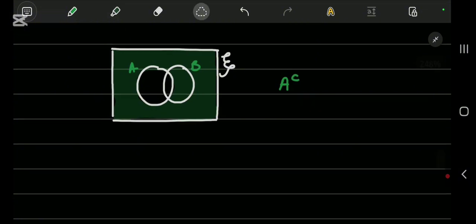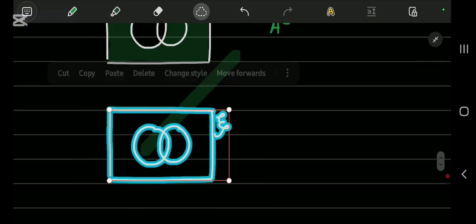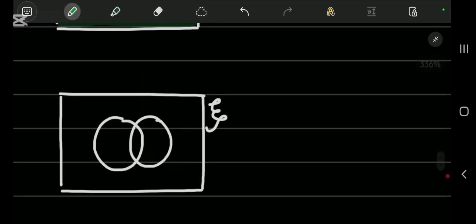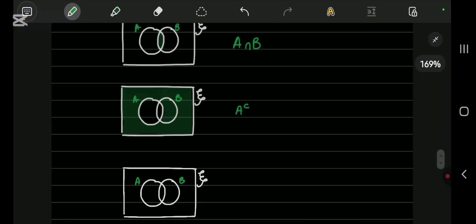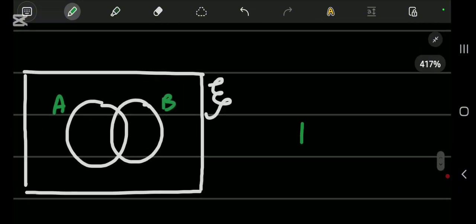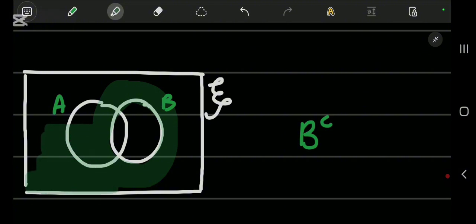Similarly, if we have B complement, how do you shade it? B complement means not B, everything outside B. So leaving the set B and shading everything else gives you the B complement.